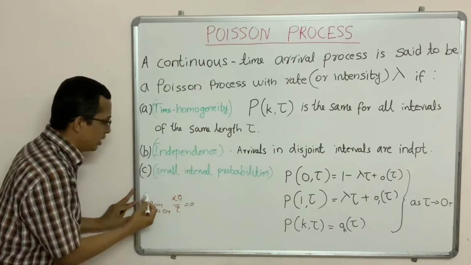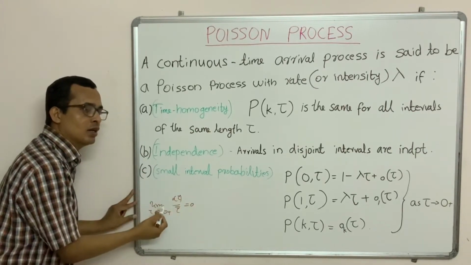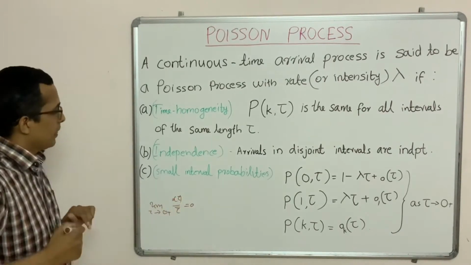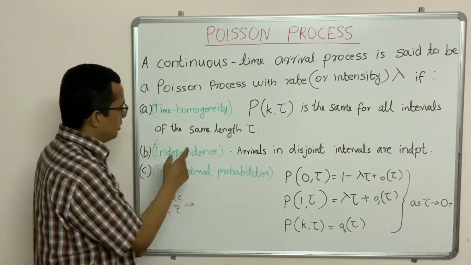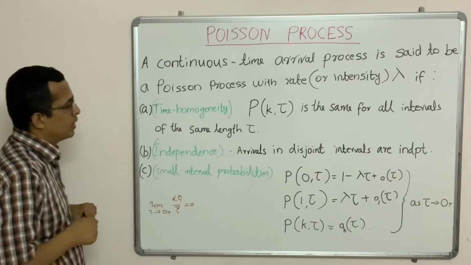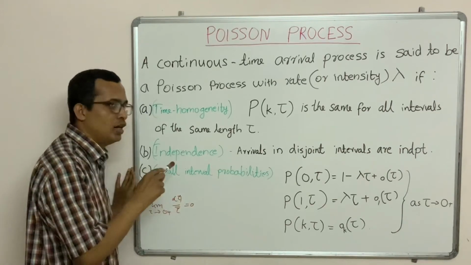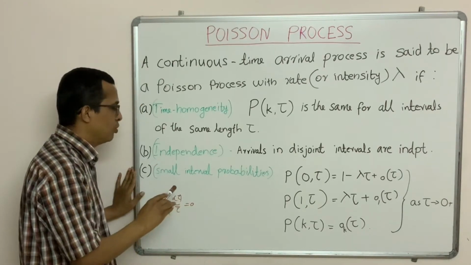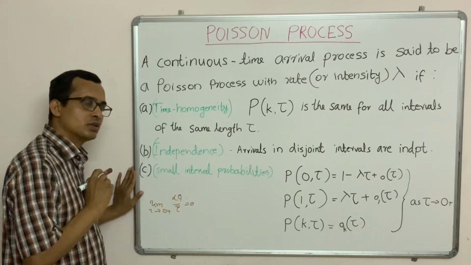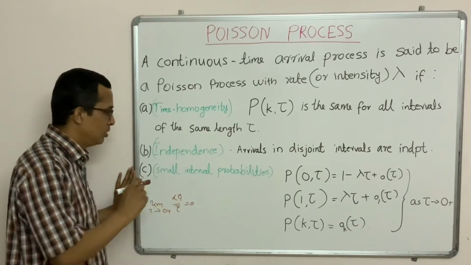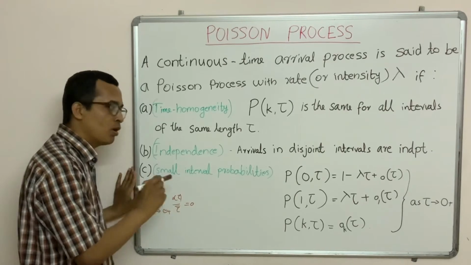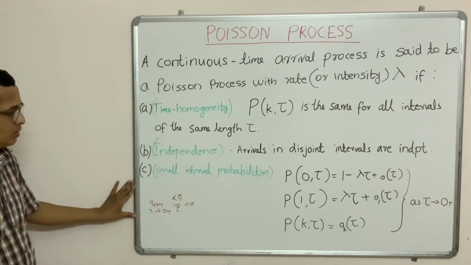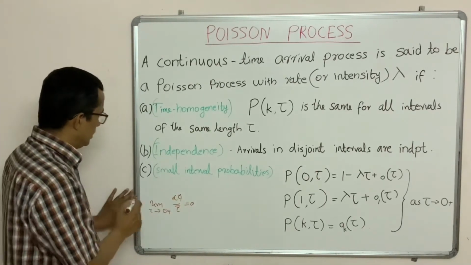It is like in the Taylor series expansion, the higher order terms, second order, third order and so on, put together. Similarly for k equal to 1, the probability of exactly one arrival is approximately lambda tau plus a negligible term. And the probability of having two or more arrivals in a given interval of length tau is negligible if tau is very small, because we are talking about o(tau) terms.